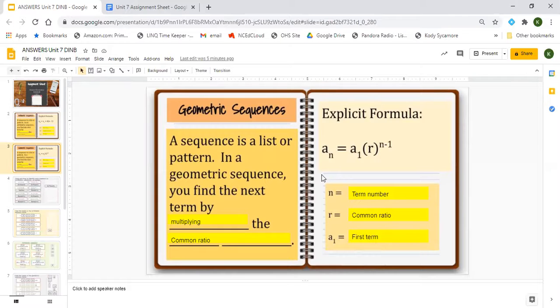We're going to start today by looking at a list of numbers and deciding if that sequence is arithmetic, geometric, or neither of those 2. We will work with these formulas a little bit today, but we will not finish, and we will continue working with the formulas tomorrow as well.